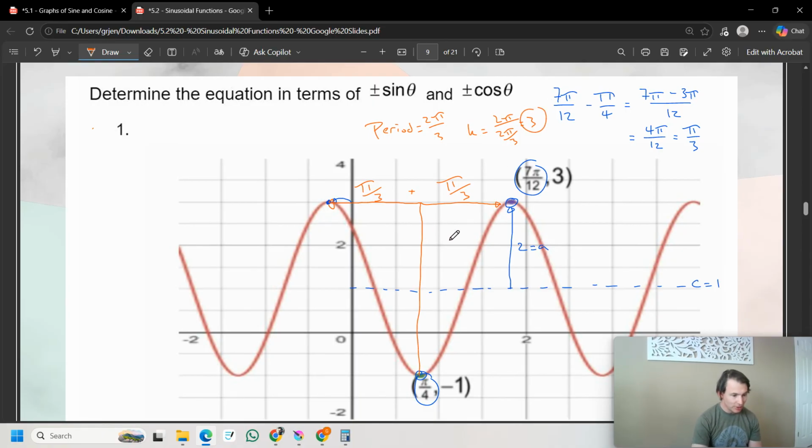So now, if we did pi by 4 minus pi by 3, we'd have the x value of that point. So let's try that. Pi by 4 minus pi by 3 is the same thing as saying 3 pi minus 4 pi by 12. So that's negative pi on 12 right there.